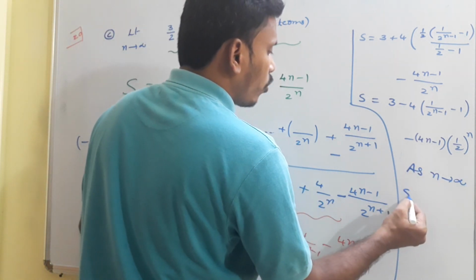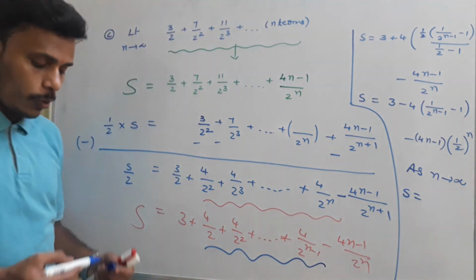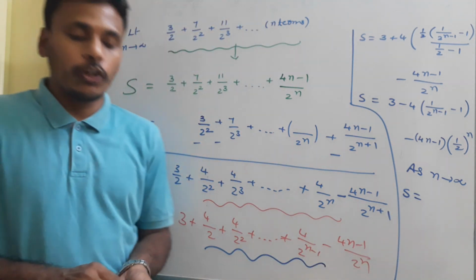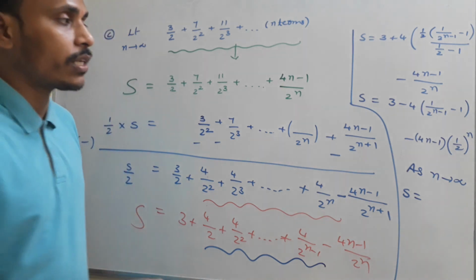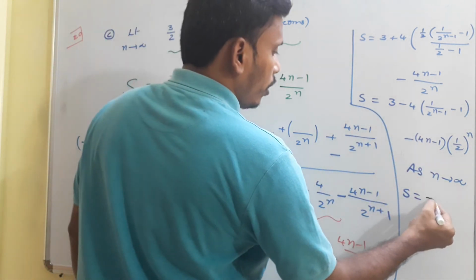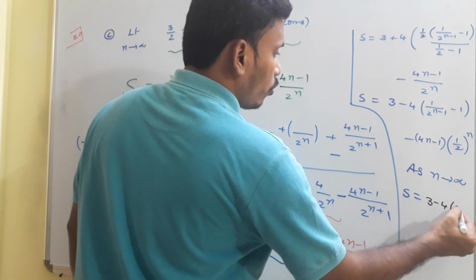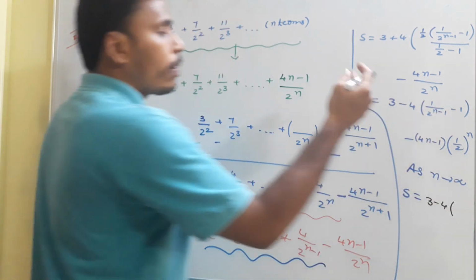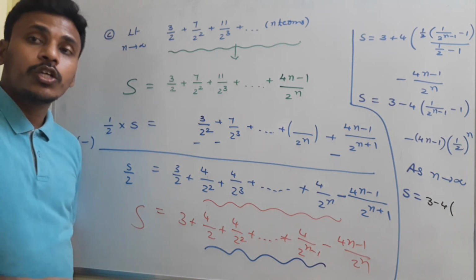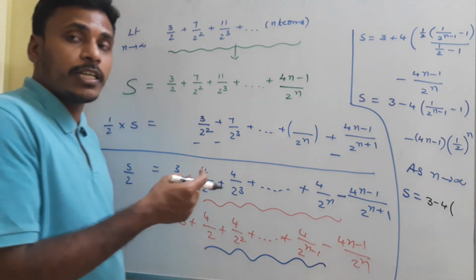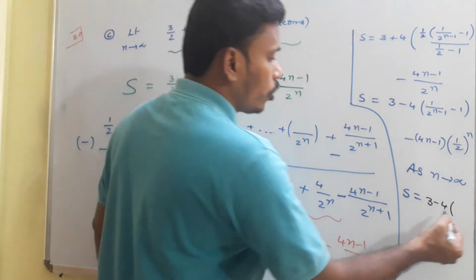As n is tending to infinity, S is equal to, as we said previously, a decimal value to the power n leaves us 0. So 3 minus 4 into (1 by 2 power n minus 1 minus 1). 1 by 2 is half and its power n minus 1: some decimal value to the power infinity will give you 0.